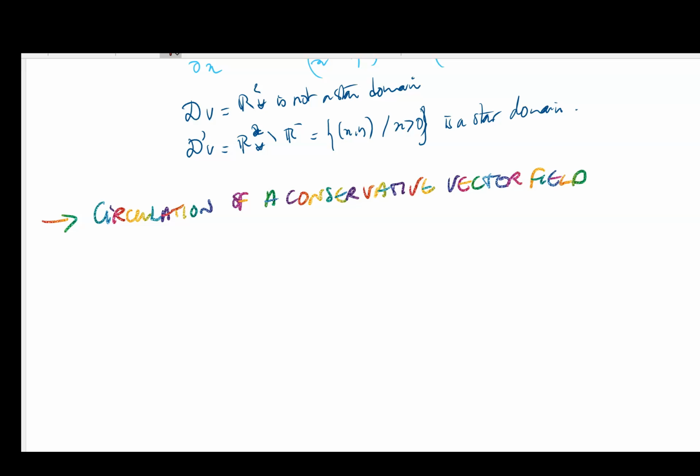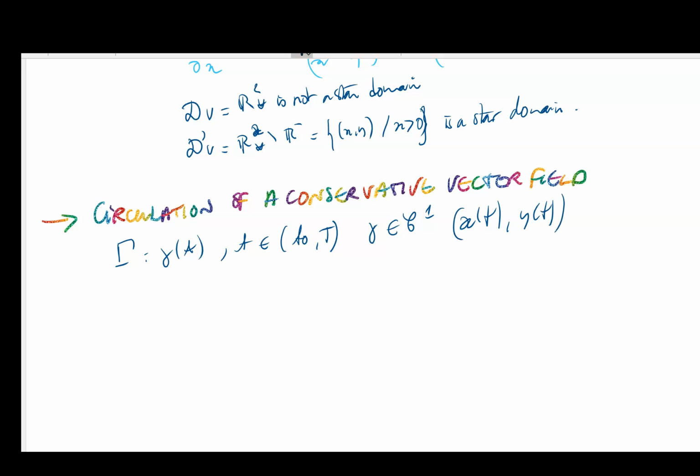Okay, so let's assume that we have our curve gamma, which is described by gamma of t for t in [t0, T], all right? The curve is of class C1, by this I mean that x of t and y of t are both C1 functions. Okay.